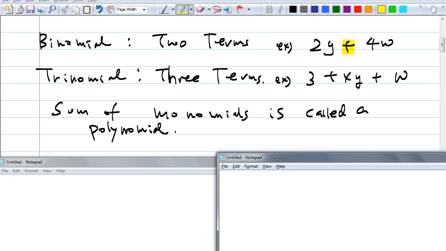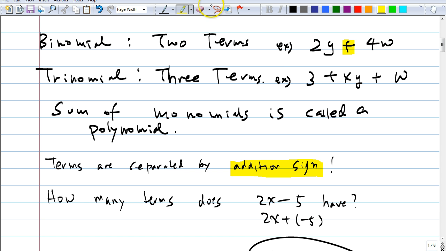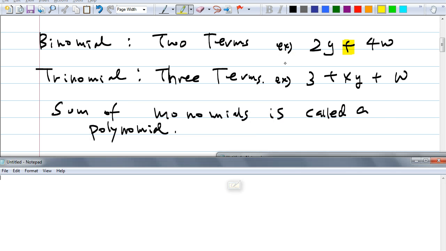We have a name for 1 term, 2 terms, 3 terms, but we don't really have a name for 4 terms or more, so we just say a polynomial. Any questions? Does that make sense? A sum of monomials is called a polynomial.